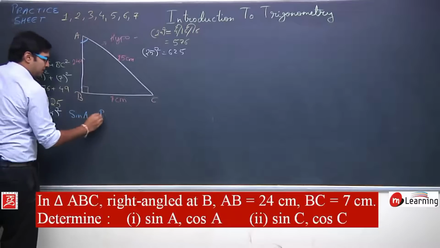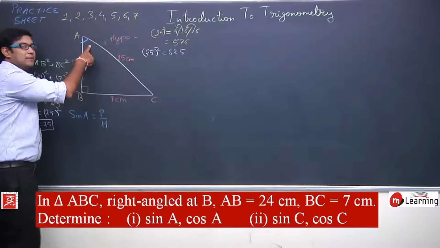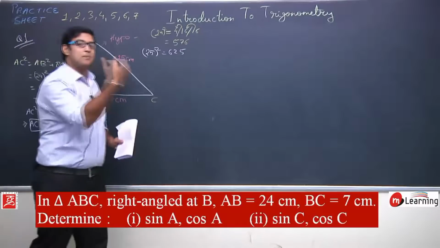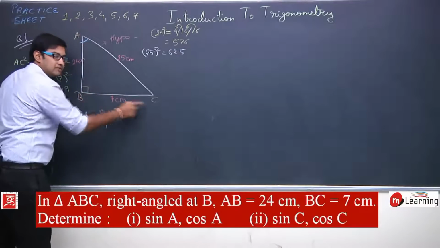Sine of angle A will be perpendicular upon hypotenuse. Now with respect to this angle A, what is the perpendicular? Perpendicular means opposite side. So इस angle A के opposite कौन सा side है? BC. Okay?